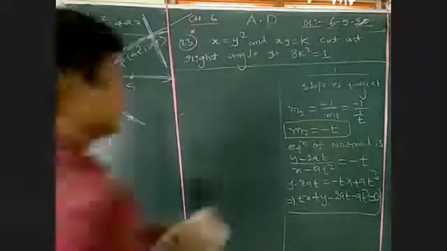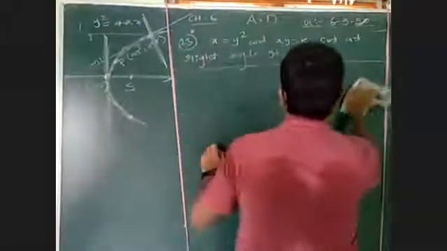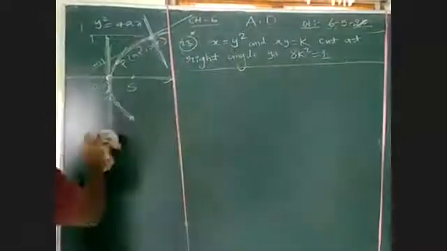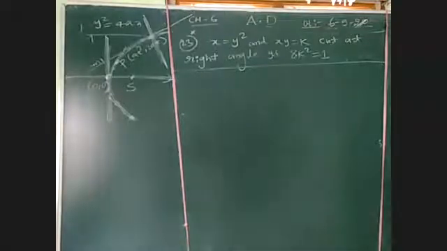So the question is a wonderful question. They have given one condition: if 8k square is equal to 1, then both the curves will cut each other at right angle. Both will be perpendicular if 8k square is equal to 1.